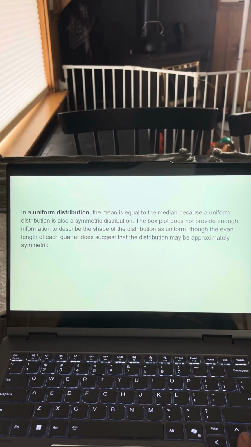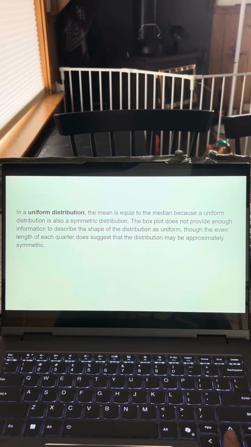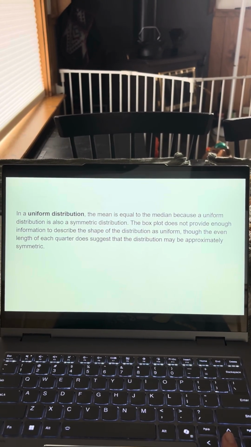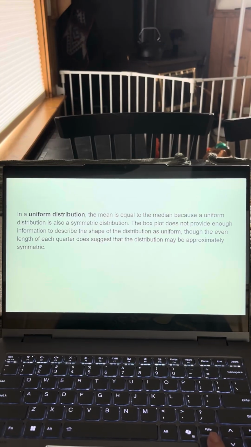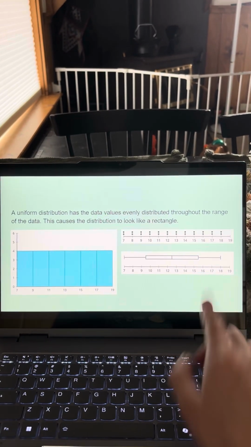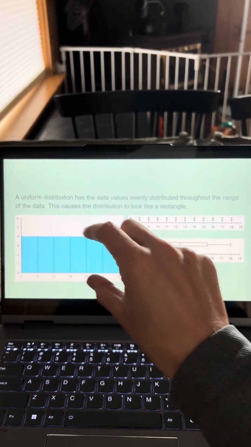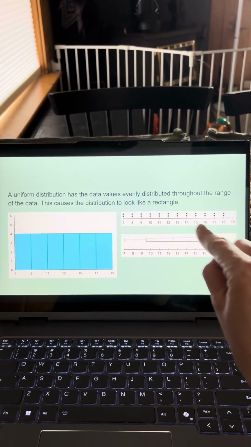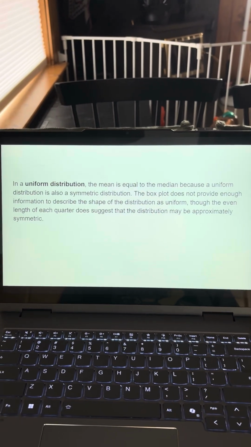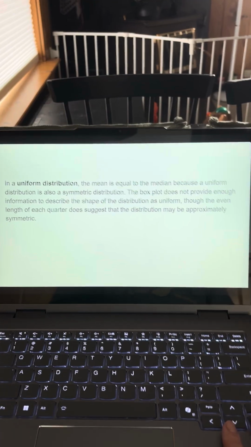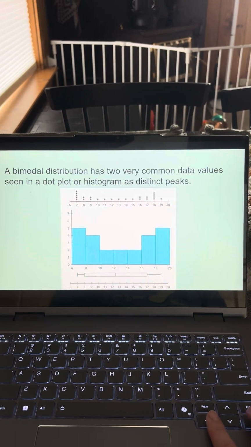That means the mean is equal to the median because a uniform distribution also has symmetric distribution. The box plot does not provide enough information. Again, we can look at it and say it's perfect, but we don't know exactly, whereas these ones have the exact same level and these have the exact same amount of dots for every value. It's easier to tell. But it does suggest that the distribution may be symmetric.